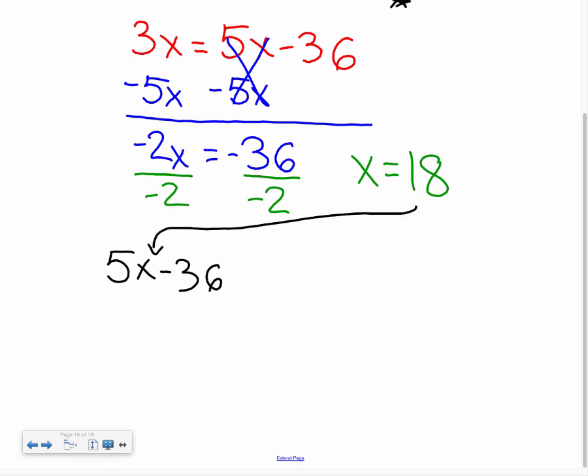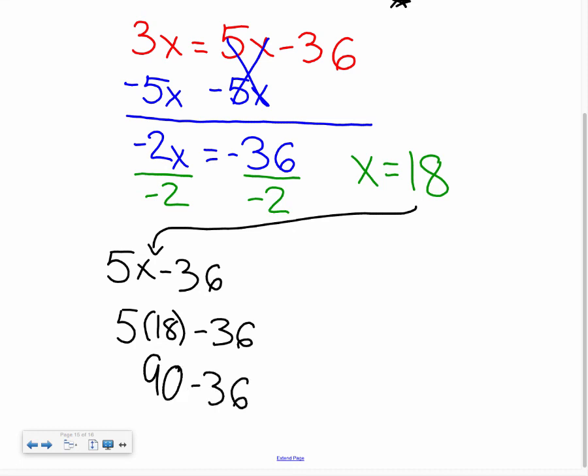Plugging in the value of 18, I get 5 times 18 minus 36. 5 times 18 is 90. Subtracting 36 gives me a final answer of 54 degrees. So angle UVW is 54 degrees.